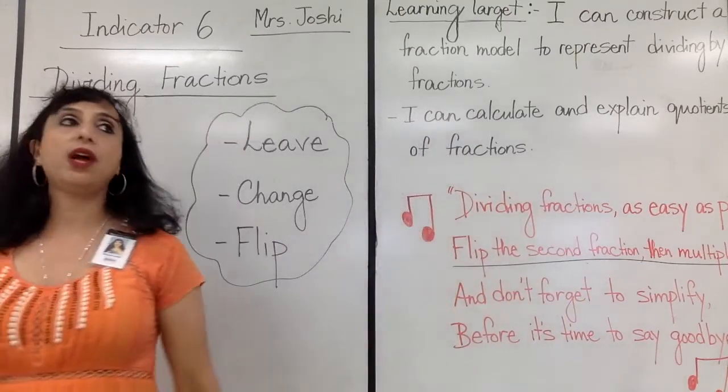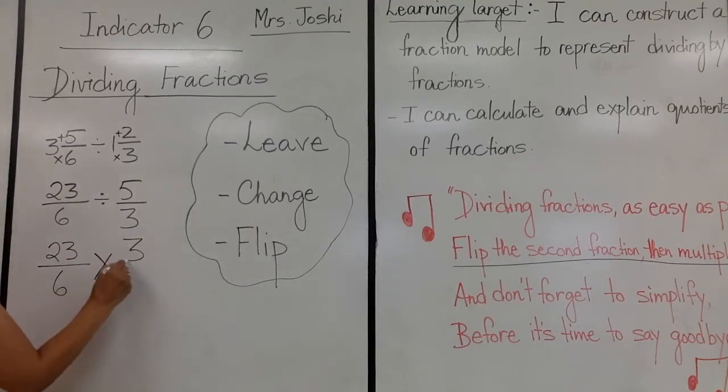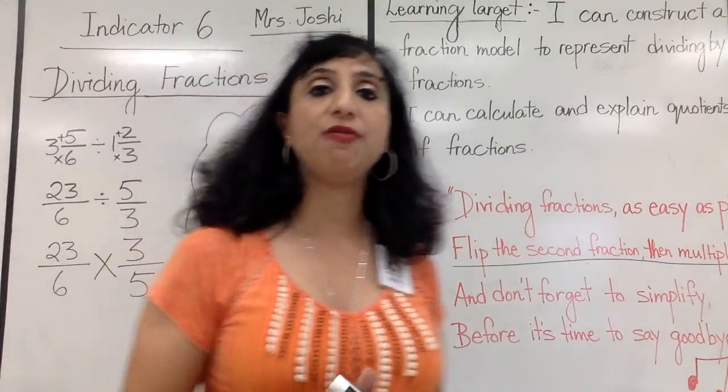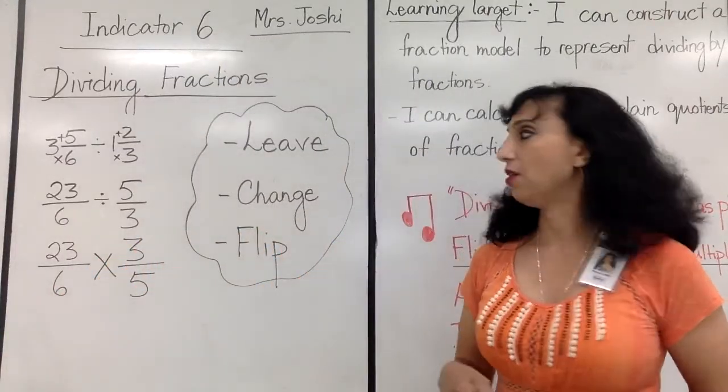Now you go around and do 23/6, leave, change to multiplication. Now you flip. Okay, so I'm telling you again, if in the second step you go ahead and change this to multiplication, you will guaranteed forget to flip your second fraction.